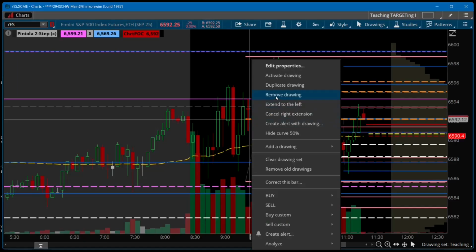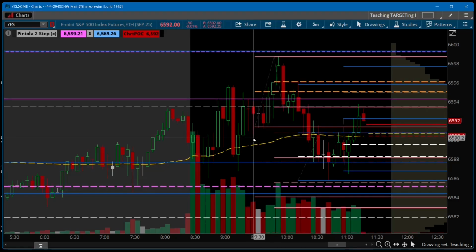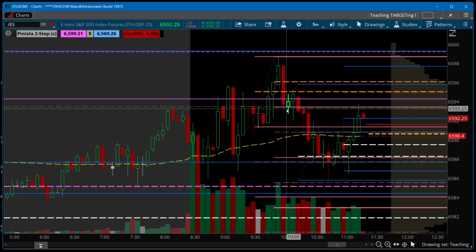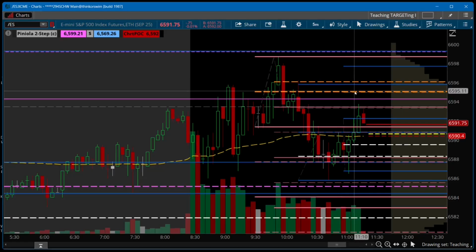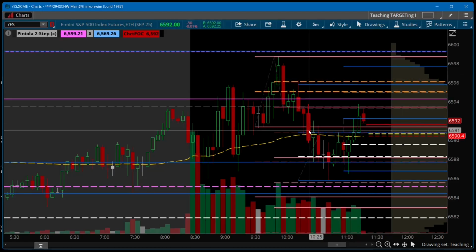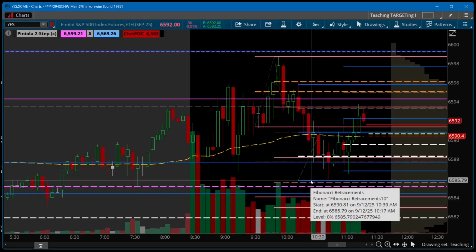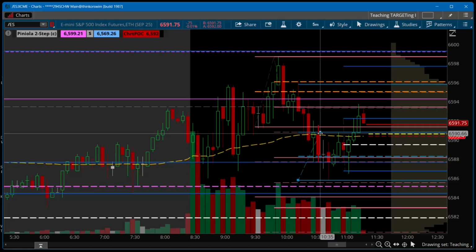Yeah, I'll delete this one. I would keep these two because this creates a resistance area right here. These are the lines that are the measurement I just put up from that 15-minute chart.